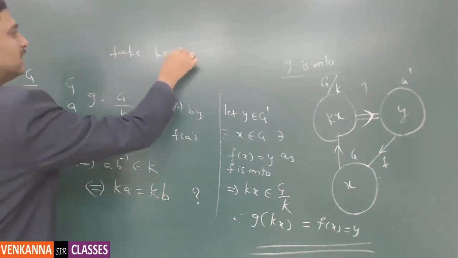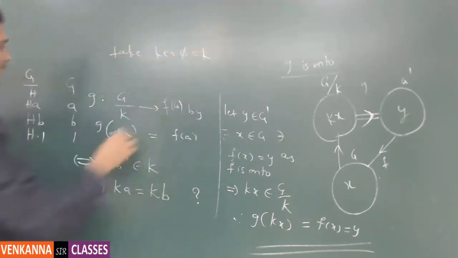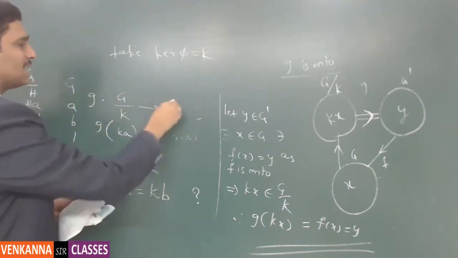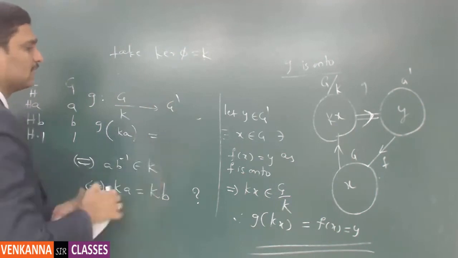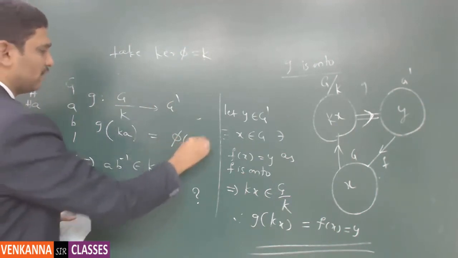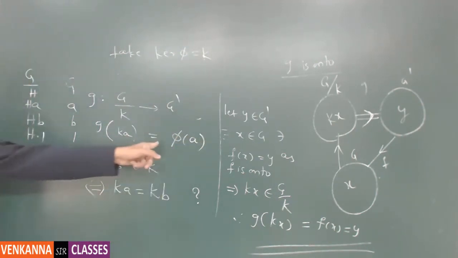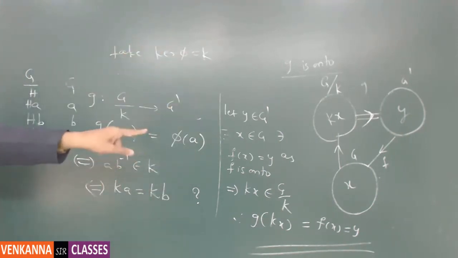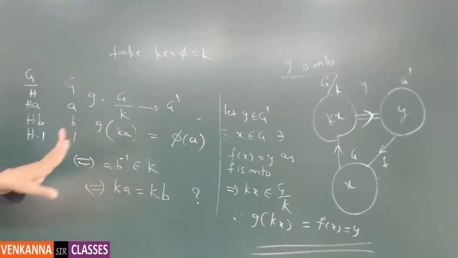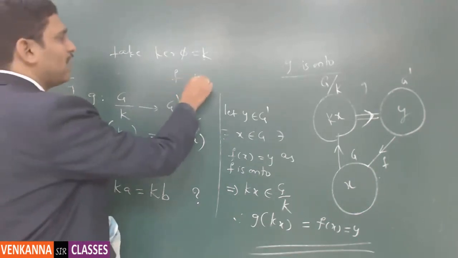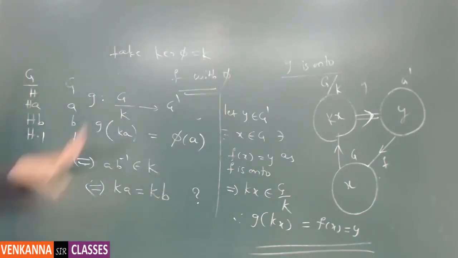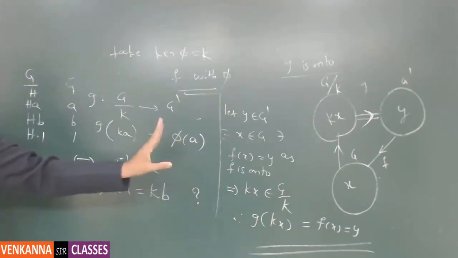Take kernel phi equal to K, define G from G by K to G dash as G of K is equal to f of A. Just do the modification like this. Every part is same. Wherever f comes, you replace with phi. That's all. In the total proof, you replace f with phi. The same proof you will write, no change at all.